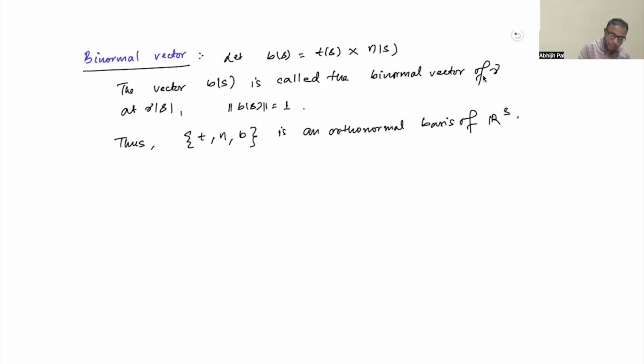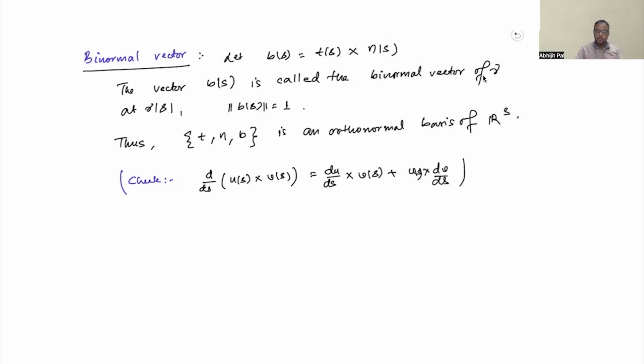Now observe this. First, check this: if I take the derivative of this vector product, it is equal to du/ds vector product with v(s) plus u vector product with dv/ds. You can do this as an exercise.